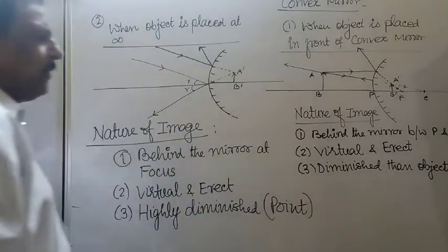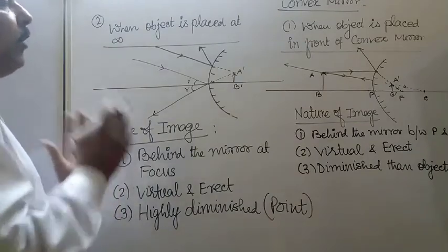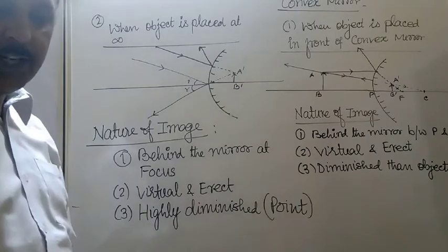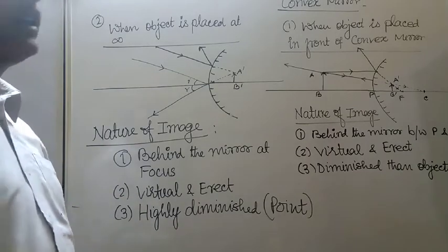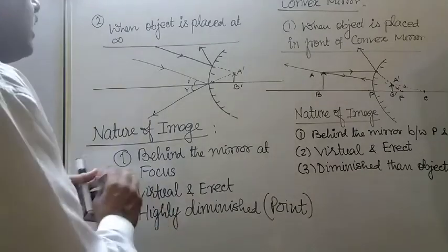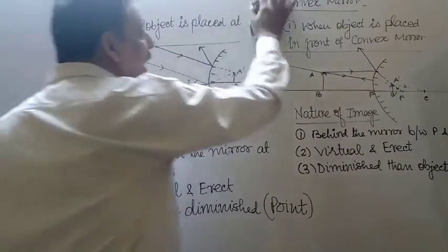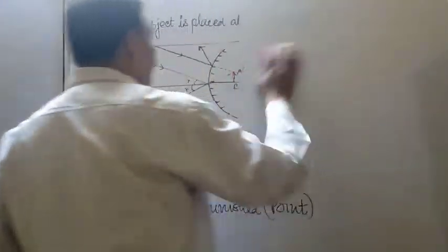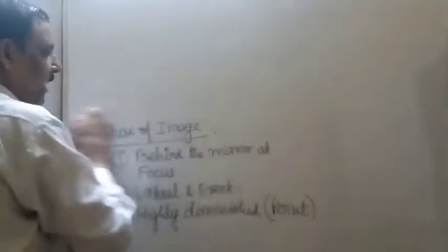So this is all about image formation in concave mirror and convex mirror. The uses of concave mirror and convex mirror we have already stated, but one thing you should be very clear about in your mind is the advantage of convex mirror over plane mirror. What will happen in a plane mirror?